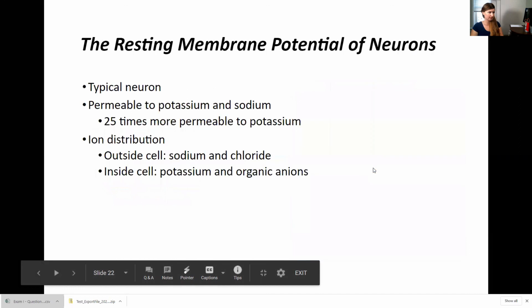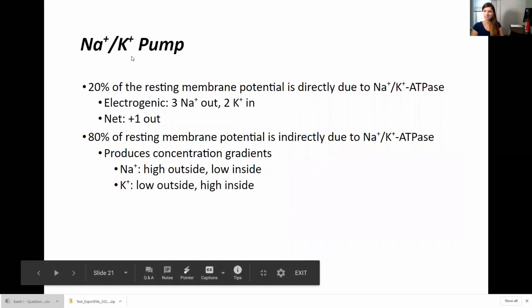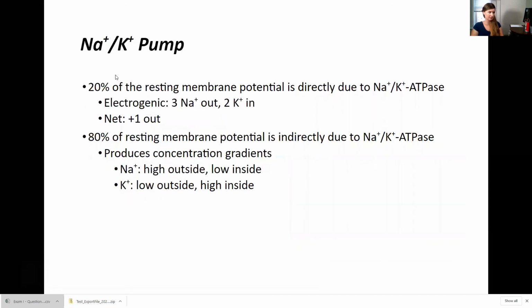So if we scroll back to this slide on the sodium potassium pump, we're talking about 20% of our membrane potential having to do with the transport of charges unequally between the sodium and potassium.